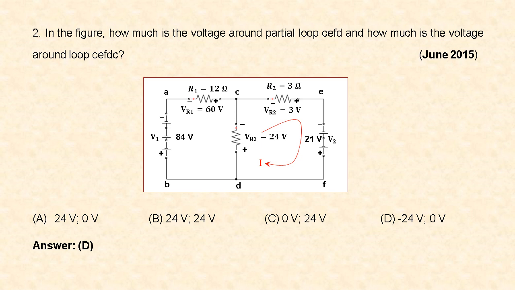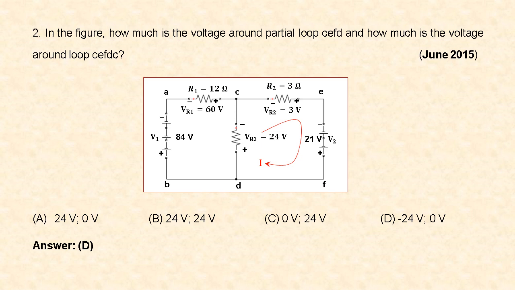If you consider the partial loop CEFD, the current direction must be in clockwise direction. For resistor, the terminal at which current enters is given as positive and the terminal through which current leaves is given as negative value. But here it is given minus plus. So the voltage across resistor R2 is minus 3 volt.